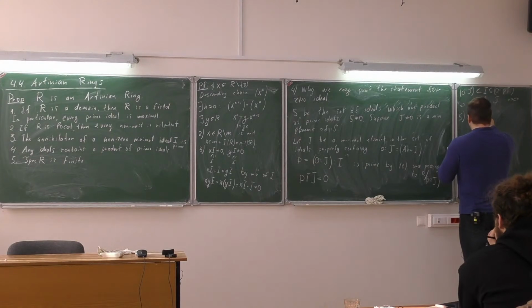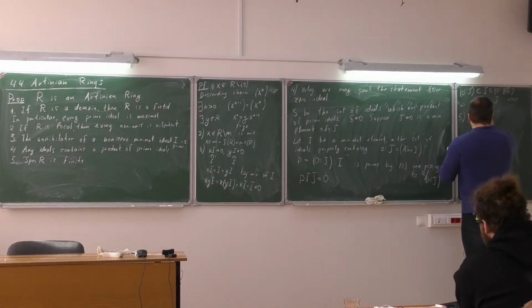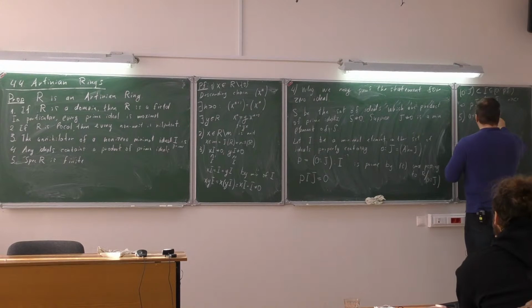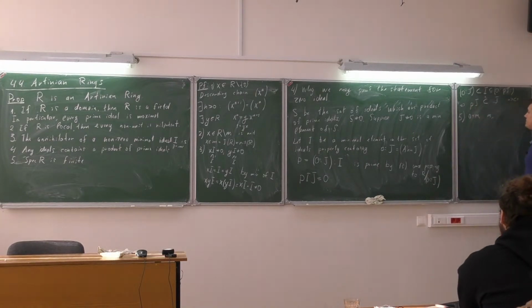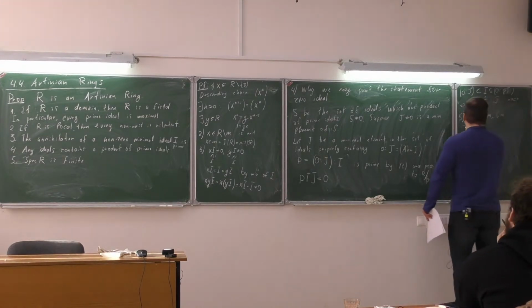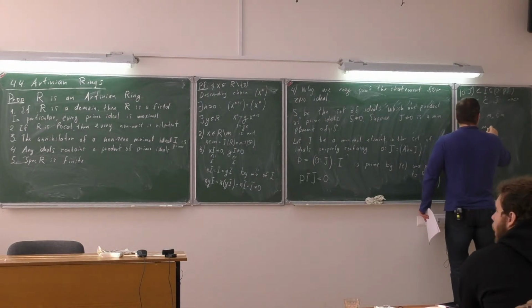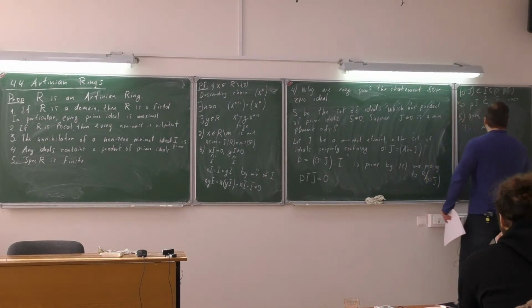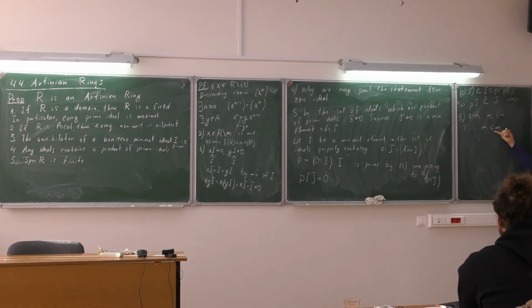So I can say that the zero ideal is the product of prime ideals, but I know that primes are the same thing as maximal ideals. Right, so this is a finite product of maximal ideals. This is contained in any maximal ideal M. But we know that this means that there is i such that Mi is contained in M. And Mi is maximal, so this has to coincide.